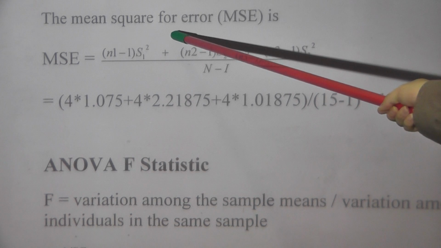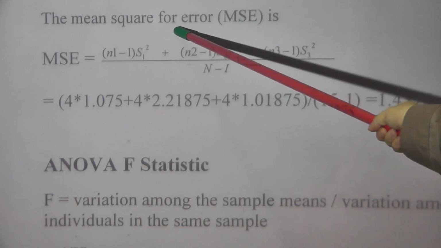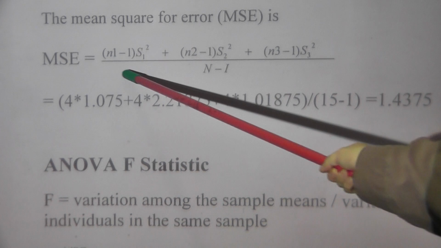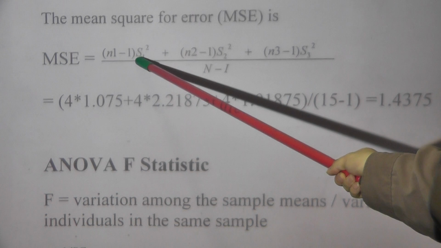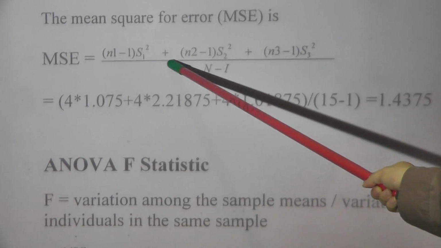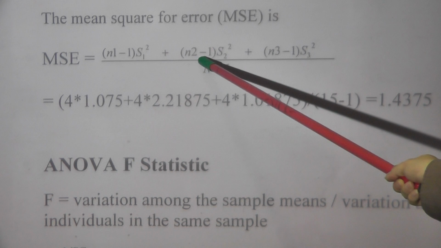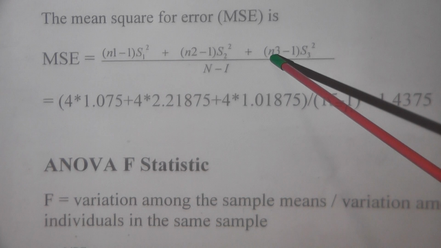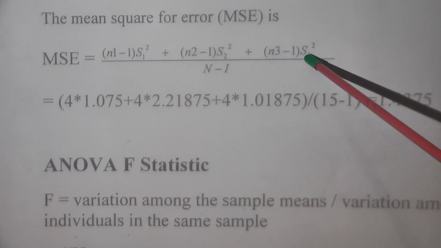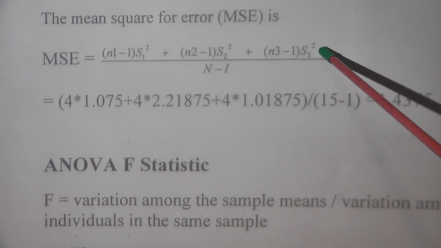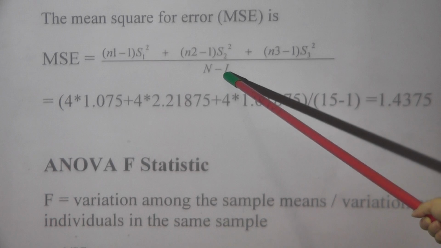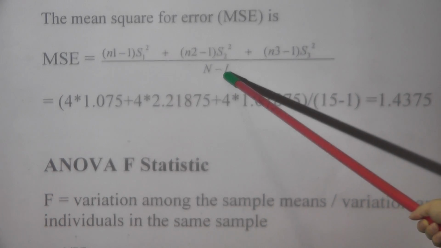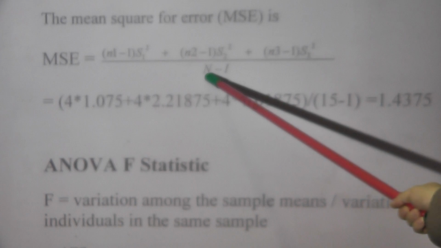The mean square for error, MSE, is found by this formula: the first group size minus 1 times the sample variance of the first group, plus the sample size of the second group minus 1 times the sample variance of the second group, plus the sample size of the third group minus 1 times the sample variance of the third group, divided by the total sample size minus I. This is not 1, this is I. In our case, we have 15 observations.